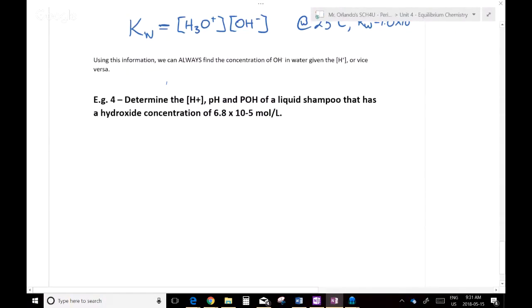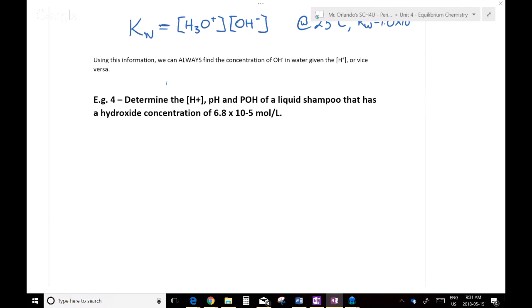Basically it means this. Water always must balance its H3O+ with its OH-. So if we get lots of H3O+, what will happen to the OH-? It must be low. And if we have a very low amount of H3O+, what will happen to the OH-? It'll have more. Does that make sense? Okay.